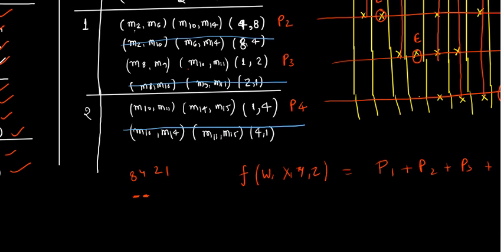No, we are considering P1 first? No, P2. Okay, let's do P2 first. So 8, 4 and 2. The answer should be 2. So dot dot 1 0. P2 is 2 only, right?